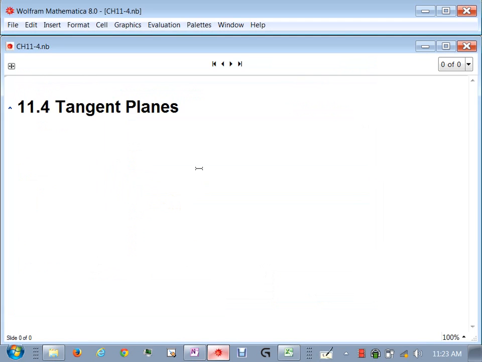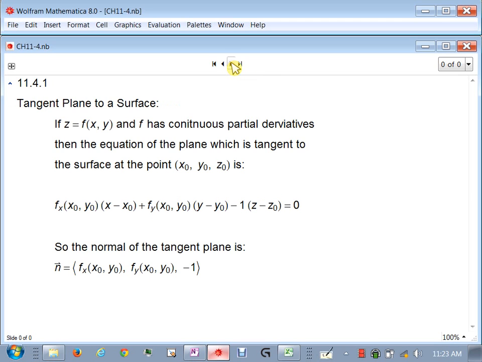Tangent planes. The tangent plane to a surface: if Z is a function of X and Y, so Z is a surface, and F has continuous partial derivatives, that means you can take the partial derivatives, and those partial derivatives behave well.